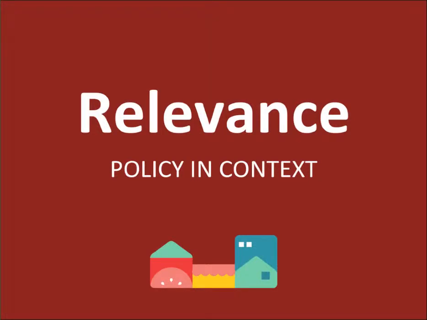So the next part of this, thinking about relevance, is once you have all of this evidence, you've started to develop some interventions, you might have done some measurement as well. This is projecting all the way to the other end, which is thinking about policy.